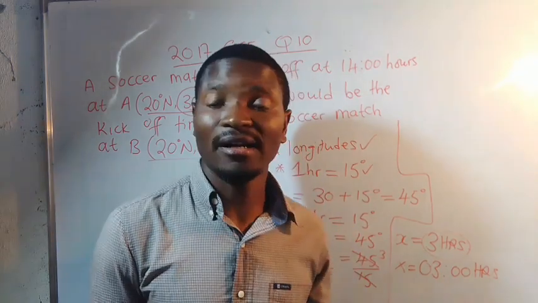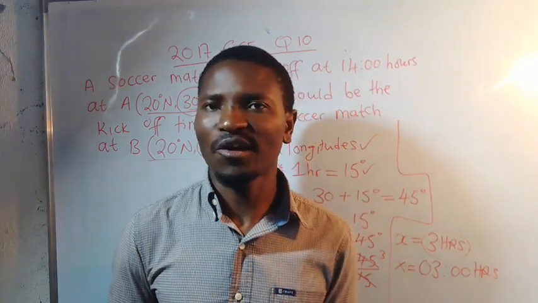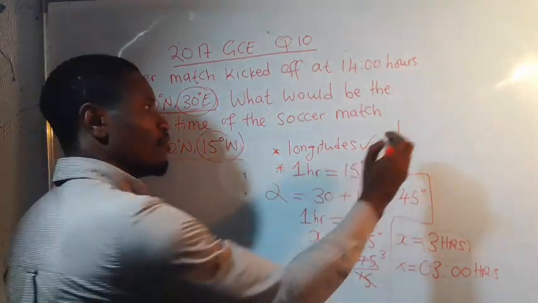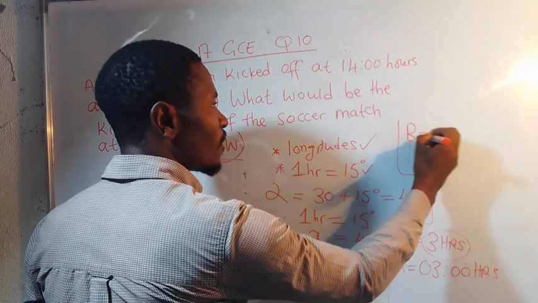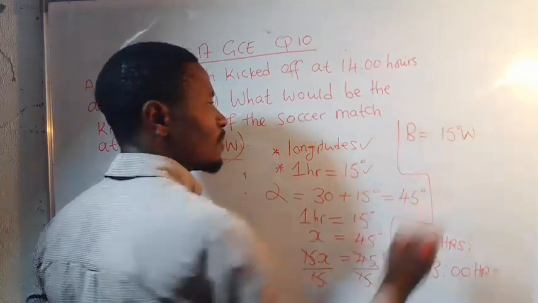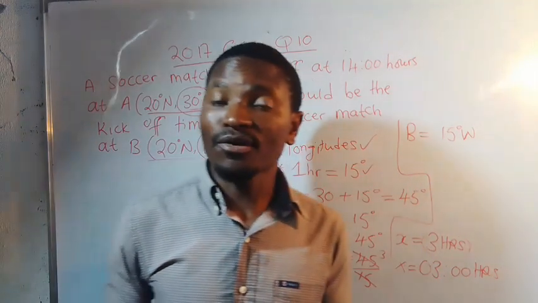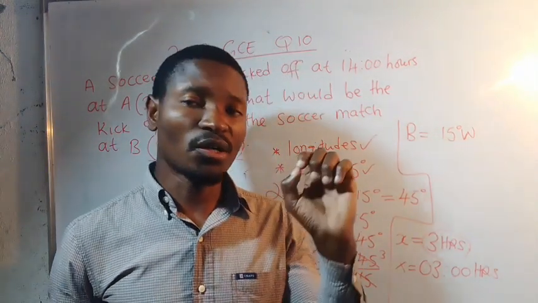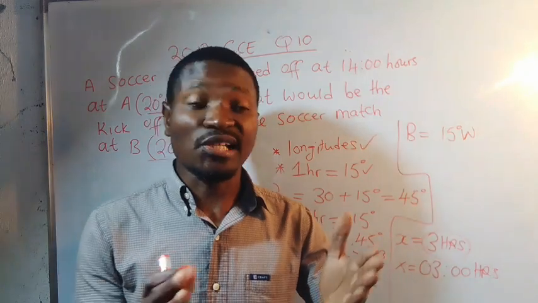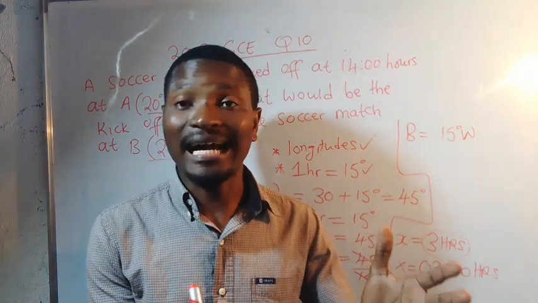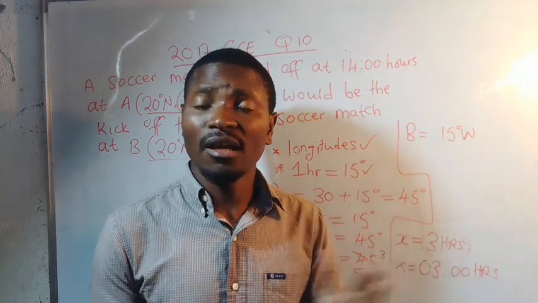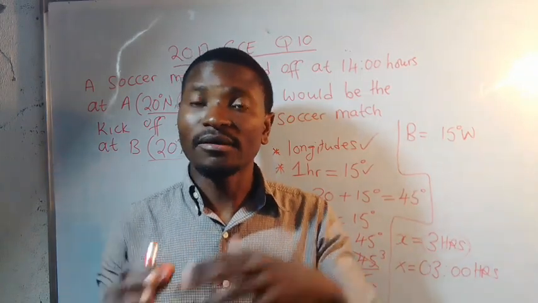Now, after we format that, you are going to ask yourself, I'm looking for the time at position B, and B is on the western part. So I want to find out when the soccer match should start when I'm at this position, 15 degrees west on the Earth's surface.